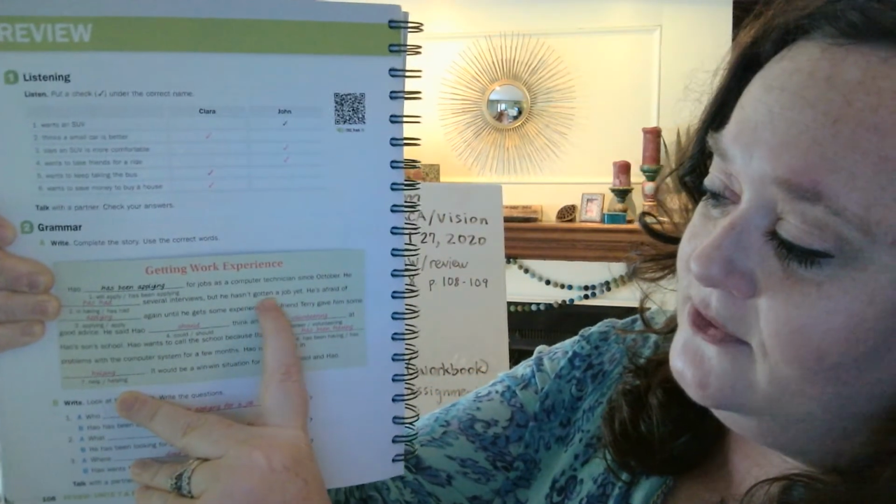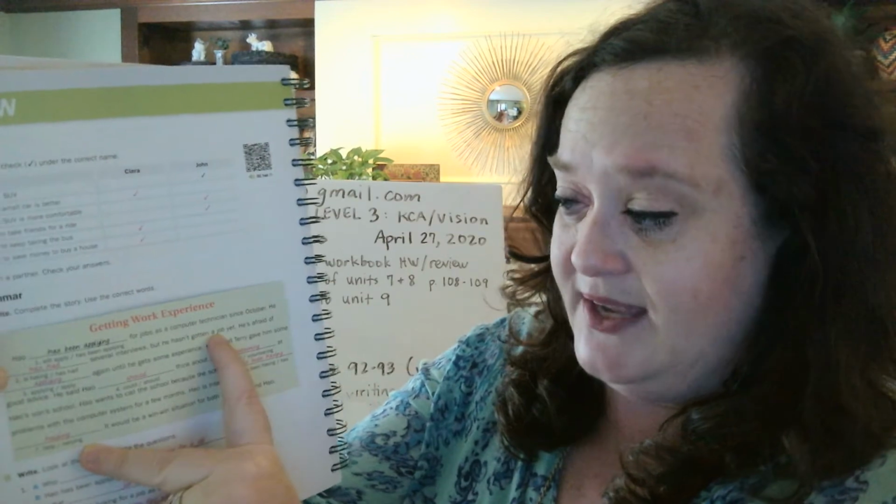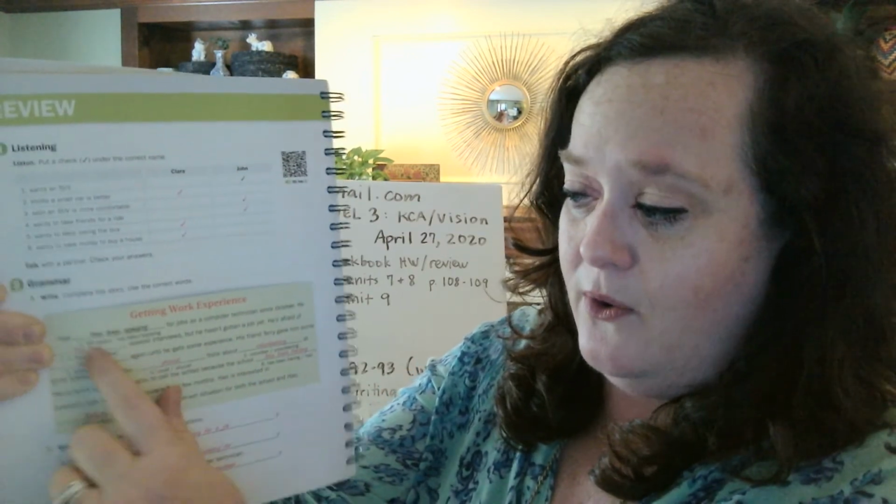He hasn't gotten. This is present perfect tense. Because I have this tense here, I know that I need the same tense in the beginning of the sentence. Remember that parallel structure means it needs to be matching. First part, second part.